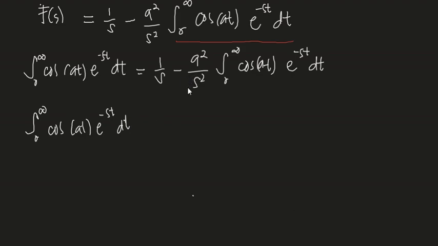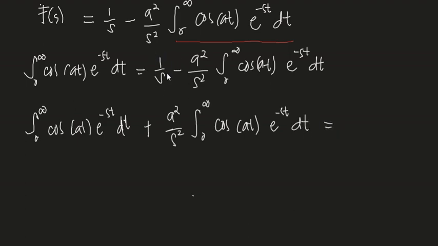So pag-transpose, this will be positive na, positive a squared all over s squared from 0 to infinity. So copy natin, we have cosine at e raised to negative st dt is equal to, ang mabilin na lang sa ating right side of equation will be 1 all over s.